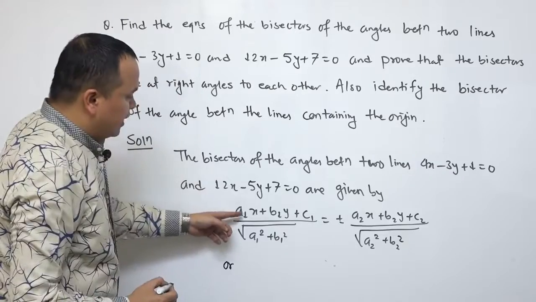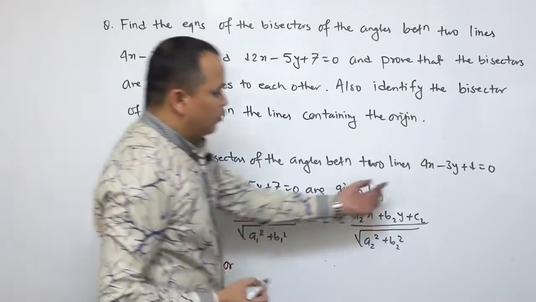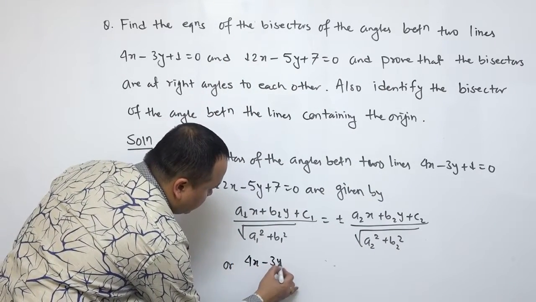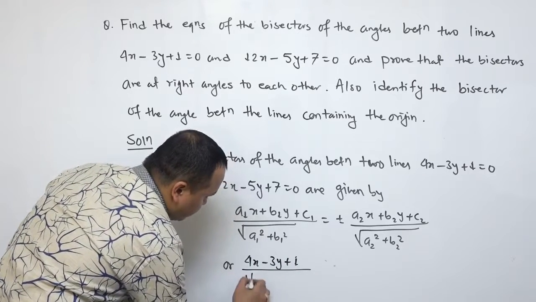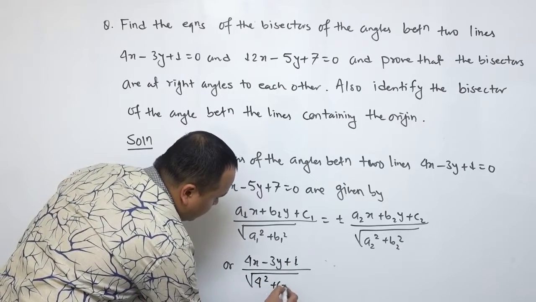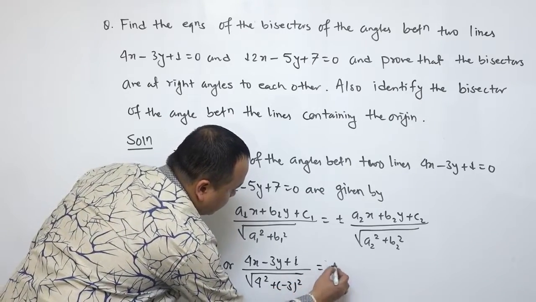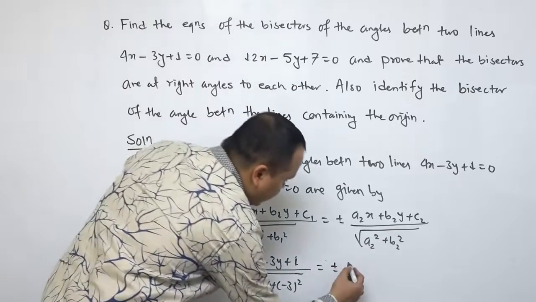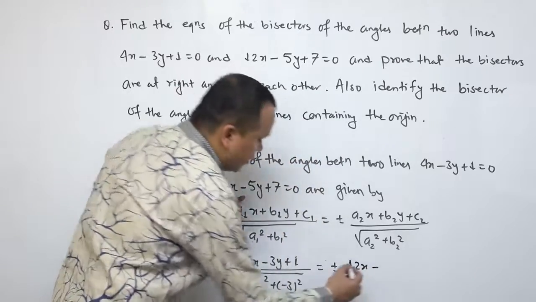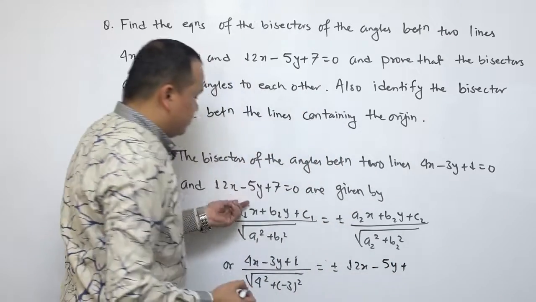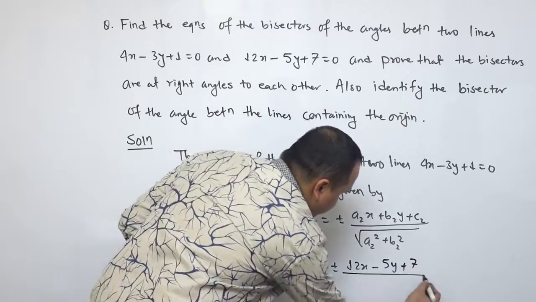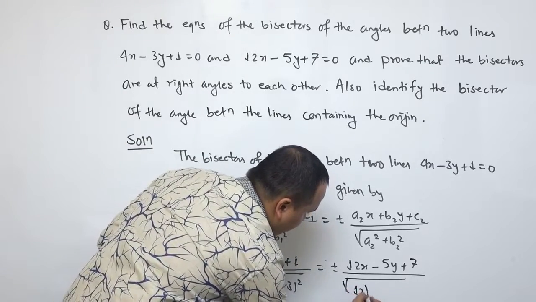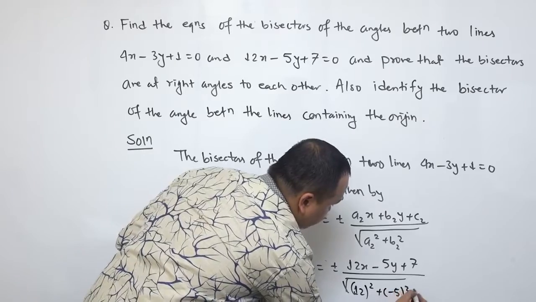Here we have a1x + b1y + c1, which is 4x - 3y + 1, divided by √(4² + (-3)²), is equal to ±(a2x + b2y + c2), which is 12x - 5y + 7, divided by √(12² + (-5)²).